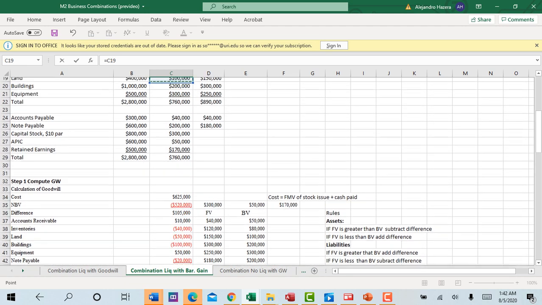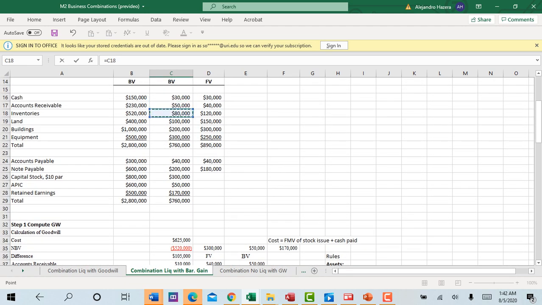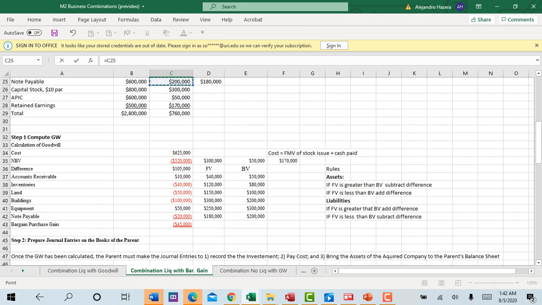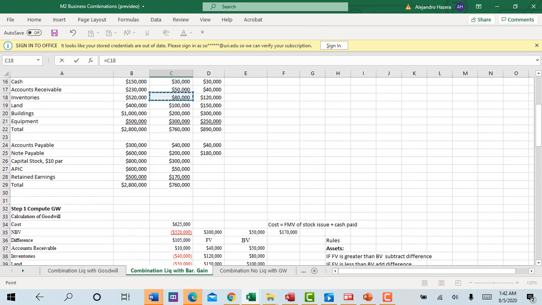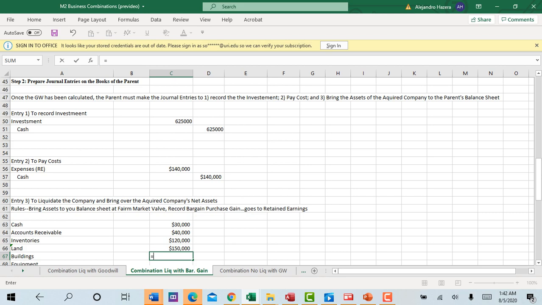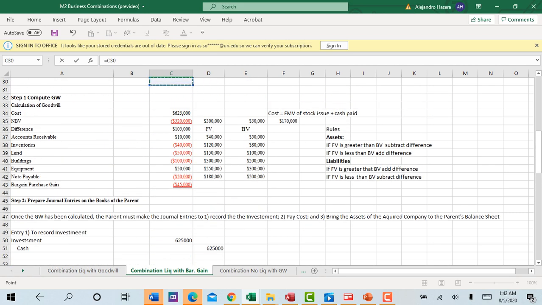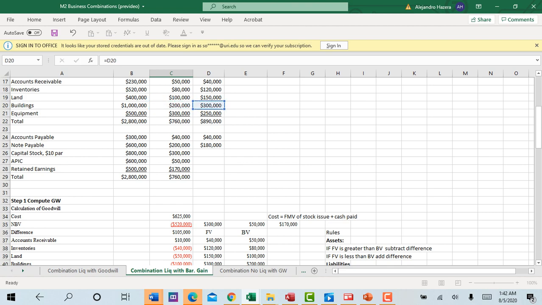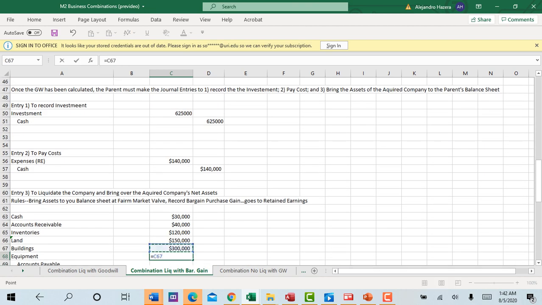Inventories, the fair value is 120. Land, fair value is 150. Buildings, the fair value is 300,000.